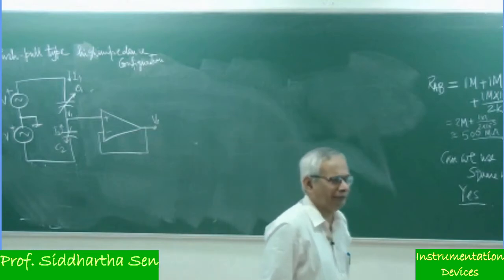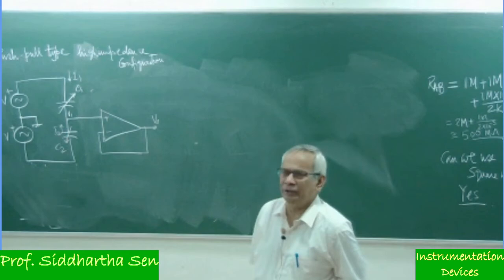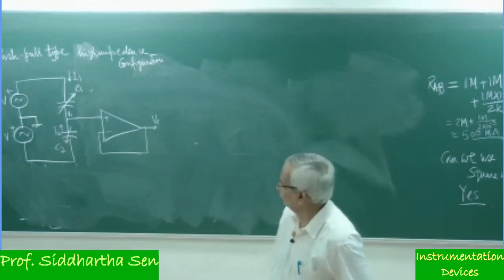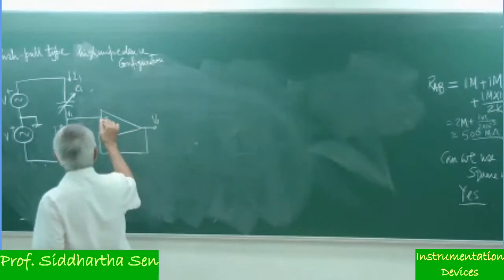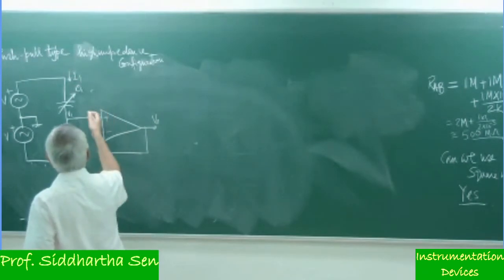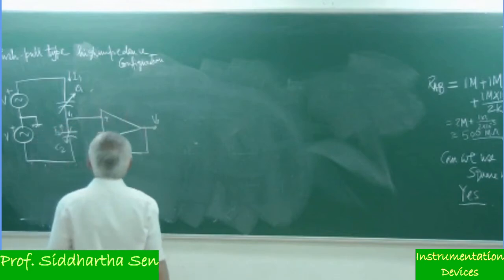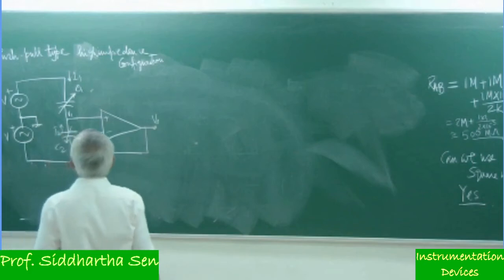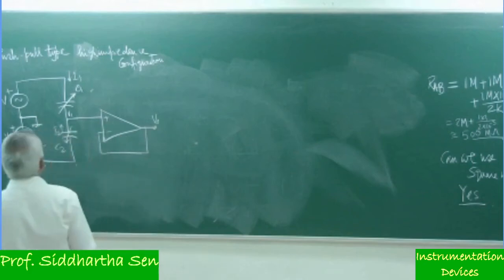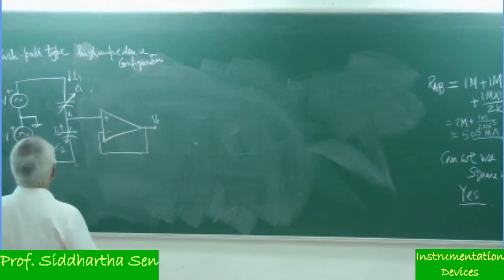Here we have used a unity gain buffer amplifier, a buffer, so that for an ideal op amp, it is not drawing any current. If it is not drawing any current, that's why we call it high input impedance.